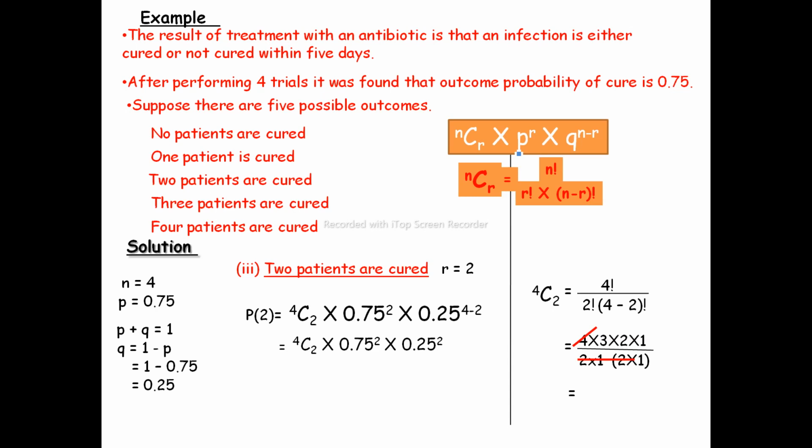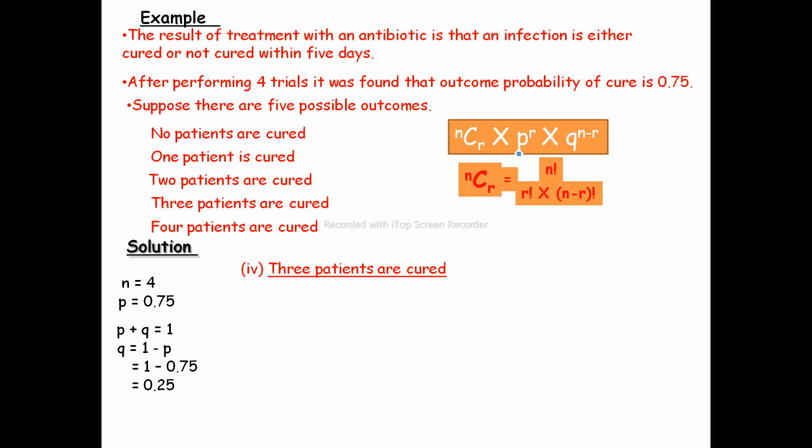The answer is 3 into 2, which is 6. So 4 combination 2 is 6, multiplied by 0.75 to the power of 2, which is 0.562, multiplied by 0.25 square, which is 0.0625. So calculate it, you will get the answer 0.21. So the probability of 2 patients getting cured is 0.21.